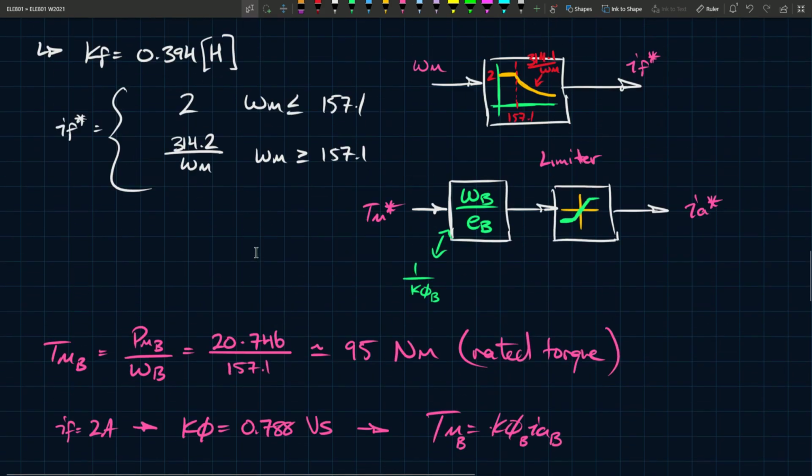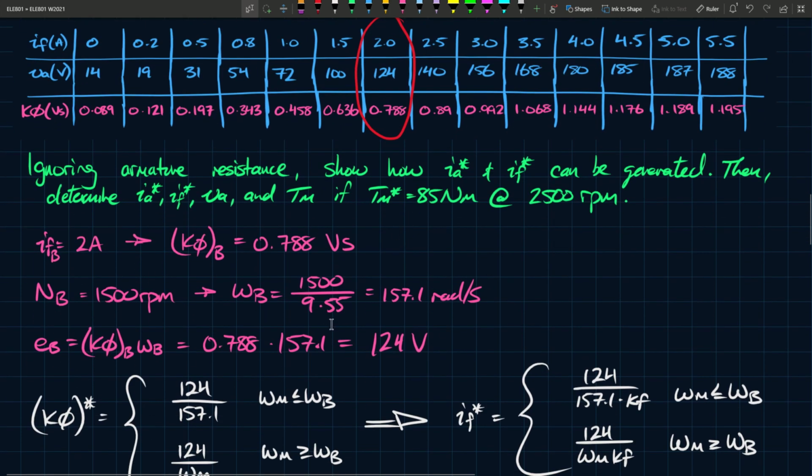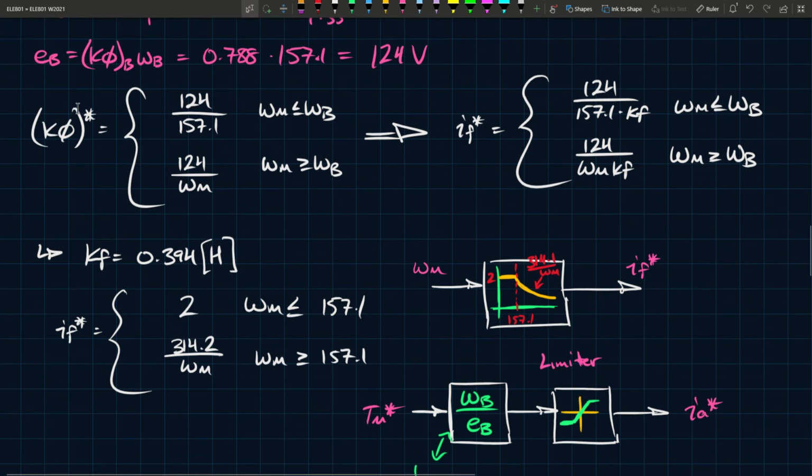So why don't we recap everything we did here? We had this table from the previous example, and again, I'll link that in the description if you haven't seen it already. Based on this and these ratings, we determined the rated conditions of the machine we're dealing with. Based on these rated conditions, we were able to determine what the control scheme would look like. This control scheme is based on the speed and torque control videos where we established these block diagrams.